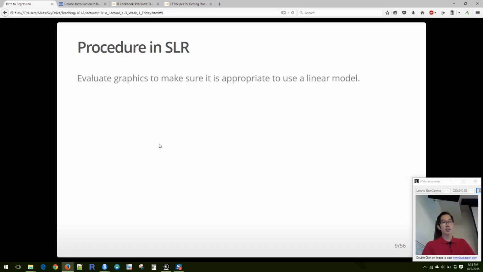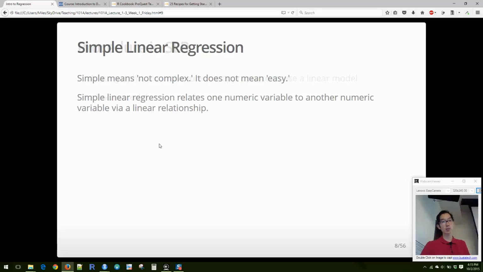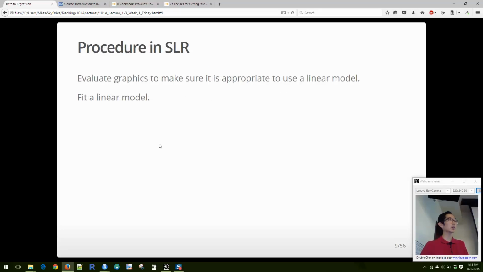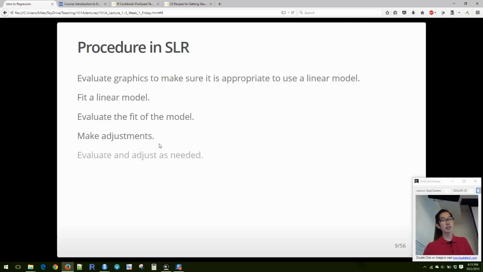Okay? So the procedure in simple linear regression is, number one, evaluate graphics to make sure it's appropriate to use a linear model. That's step number one. Once you do that and it is appropriate, then you go ahead and fit the linear model. Then you evaluate the fit of the model, make adjustments if necessary, and evaluate and adjust as needed until you're satisfied with the model that you get.